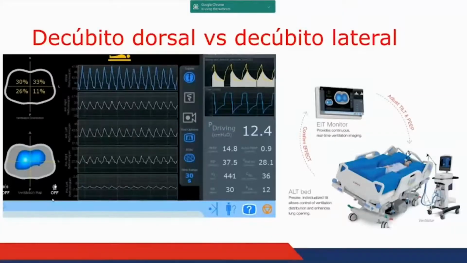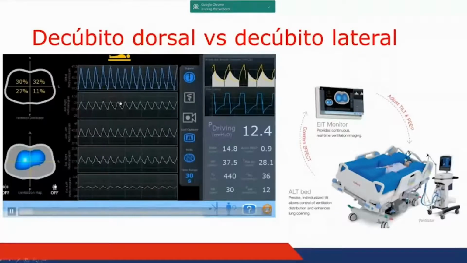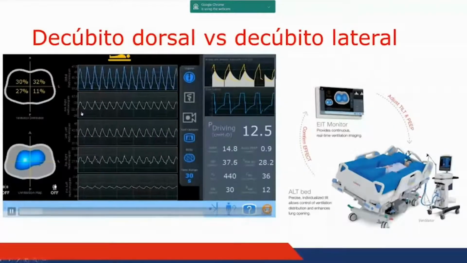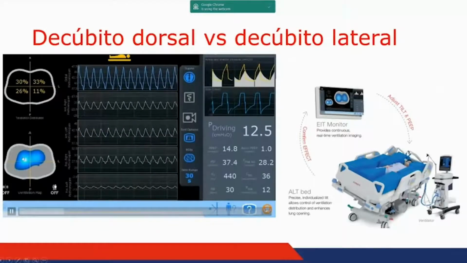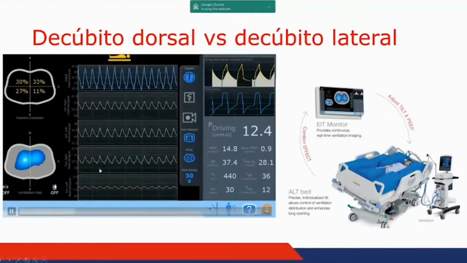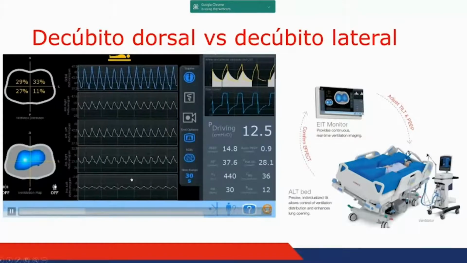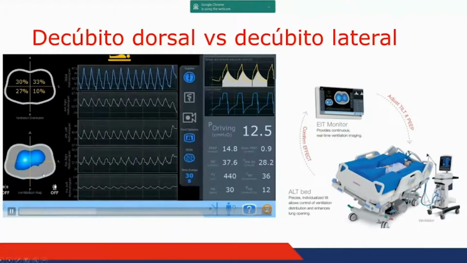So this is an online video. These are the quadrants represented here in the EIT. And these two graphs are representing these two upper quadrants, and this is the dorsal regions of the lung. So this animal has very little ventilation here.